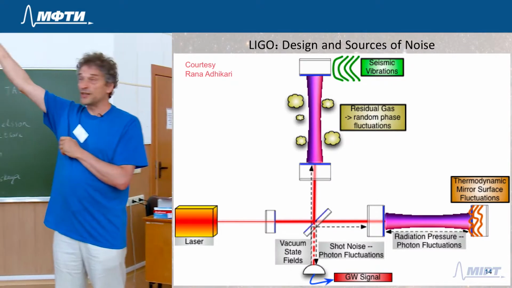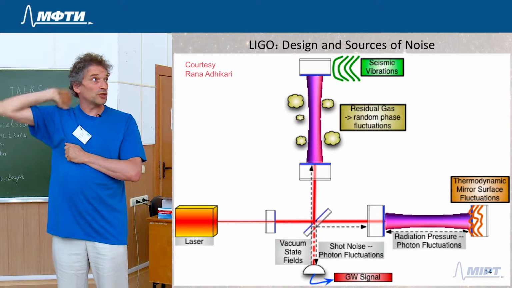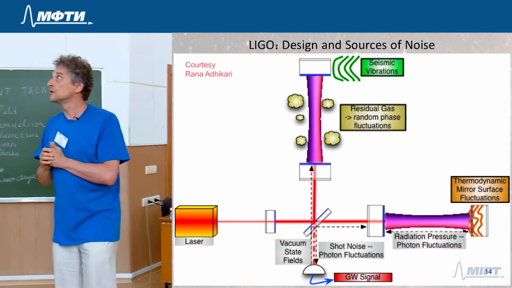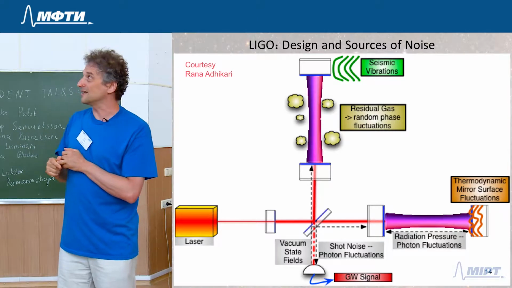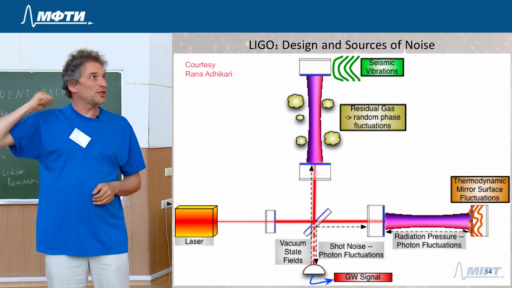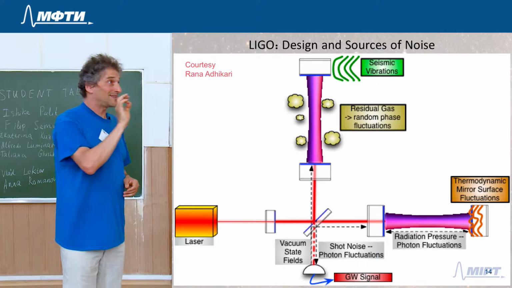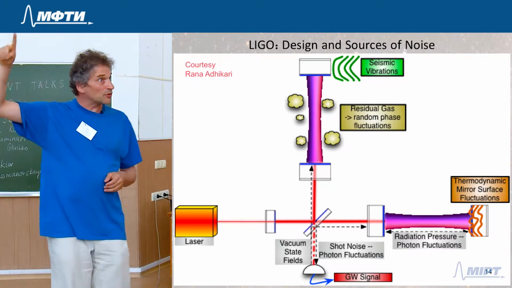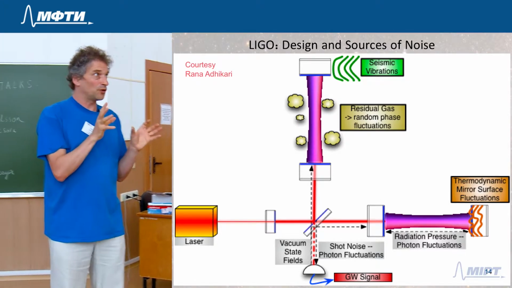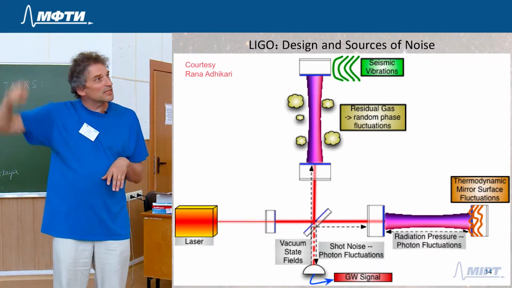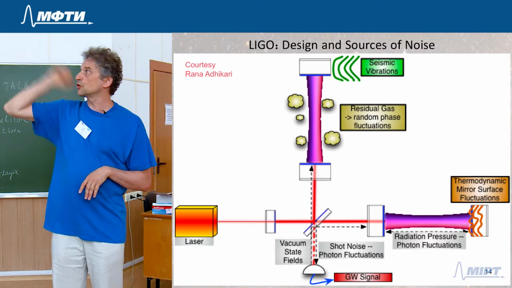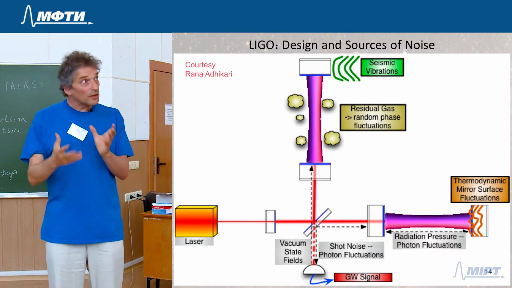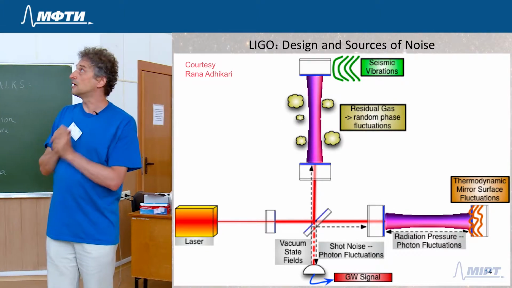So these are just fundamental thermodynamic fluctuations of the mirror shape, one of the major sources of noise in LIGO. Then, light has quantum nature. Light is not a classical sinusoid wave. It consists of photons. So the sinusoid has some noise in it, quantum noise in it. And so you have shot noise, which is the quantum fluctuations in the light.